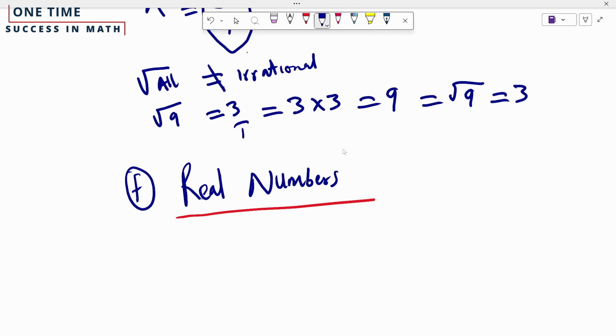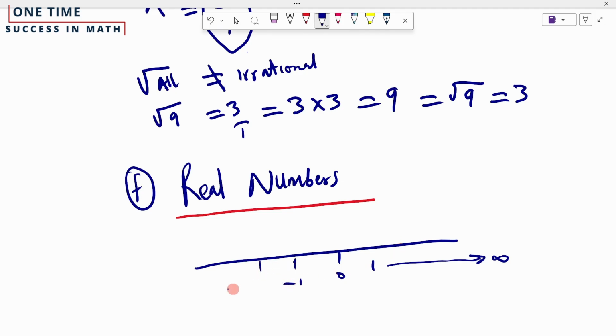Because we know that irrational numbers, like we discussed, are numbers that cannot be written as a simple fraction, while rational numbers are numbers that we can write as what? A simple fraction, a over b. The real numbers are a complete number line. It comprises all the numbers from 1 to infinity on the number line, and from -1 to negative infinity.